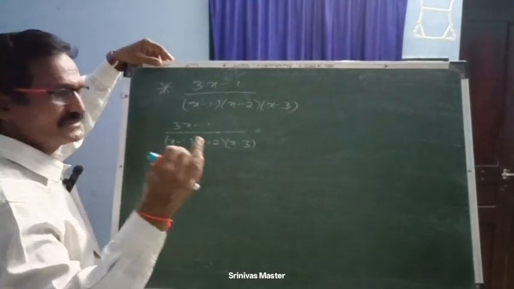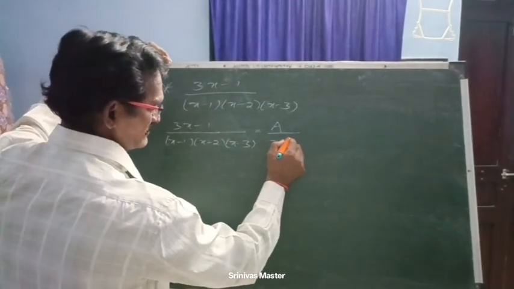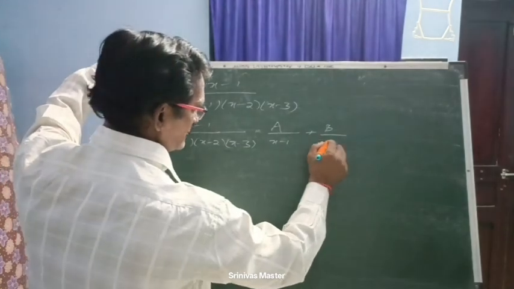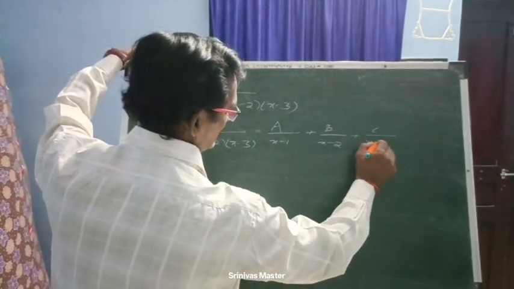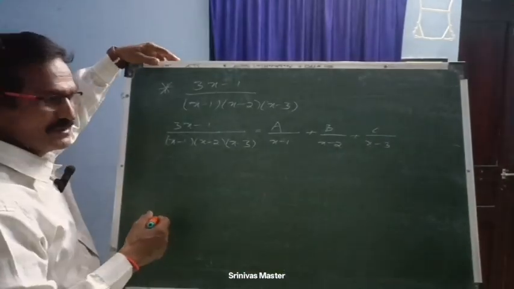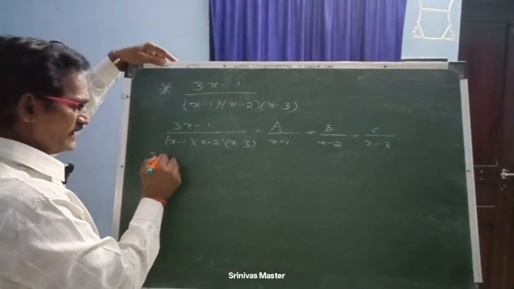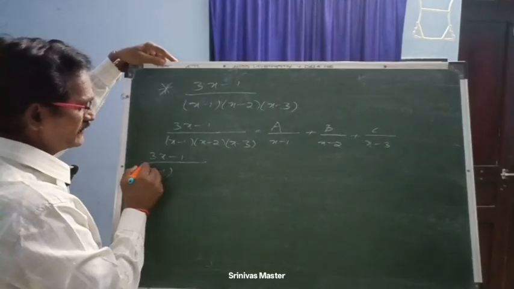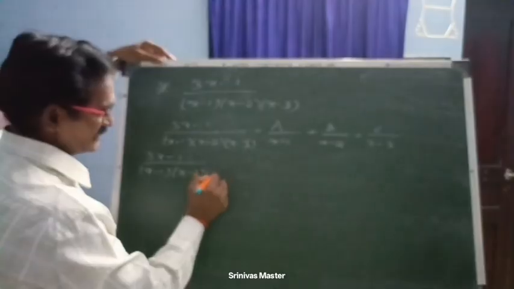A, B and C. So A by x minus 1 plus B by x minus 2 plus C by x minus 3. Right? Now you can do it in the same manner as I told you before. The LHS you can write as usual: 3x minus 1 by x minus 1 into x minus 2 into x minus 3.